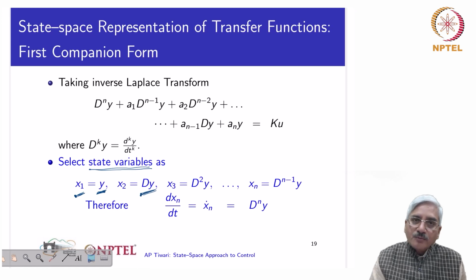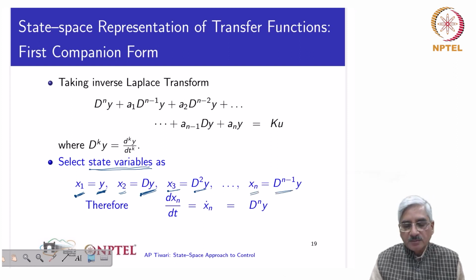The first derivative of y is taken as x2, the second derivative of y is taken as the third state x3, and so on. Likewise, the (n-1)th derivative of y is taken as the nth state variable xn.